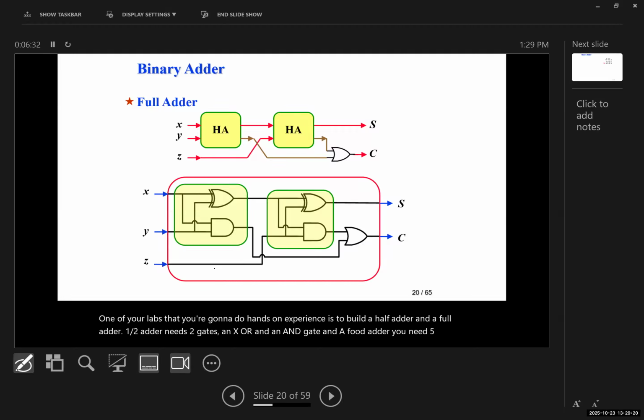You may have a propagation delay. The problem with this particular system is until I find the result of the first one, I cannot find the result of the second one. It's going to be wrong because I don't know if the carry is 0 or 1. So it's going to propagate the delay. If I have 1 microsecond delay for each of them, and I have 4 of them, I'm going to have 4 microsecond delay for all of that.